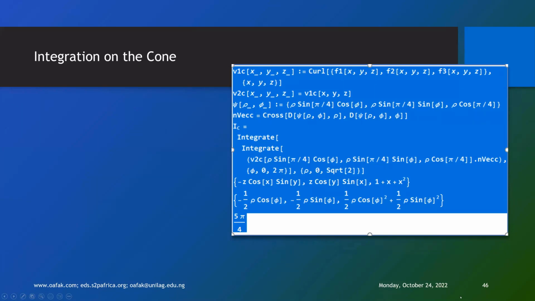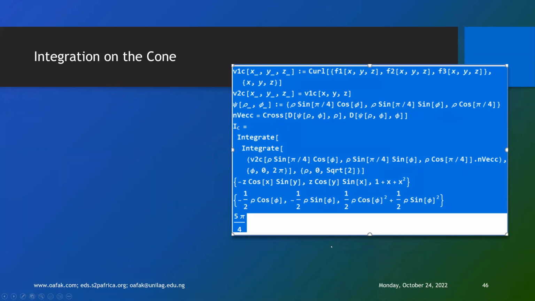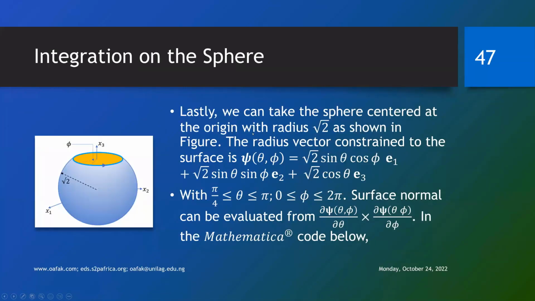Let me see what I'm doing with respect to time. Okay, good. So lastly, we go to the surface of the sphere, which again is rimmed by the same boundary curve. We can take the radius of this sphere to be the square root of 2, so that this part of it will have a unit radius on the disk.